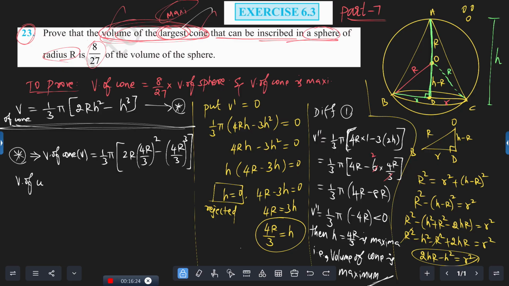So volume of cone equals 1 by 3 pi into 2 times R, when you apply the power, 4 square 16 R square divided by 3 square 9, minus 4 cube 64 R cube divided by 3 cube 27. Listen, here only 9 is there, so if you make it 27, it is very easy to go. Or else what can we do?